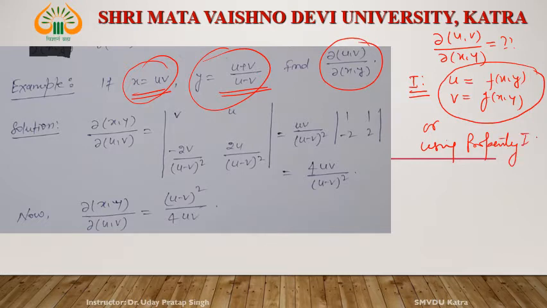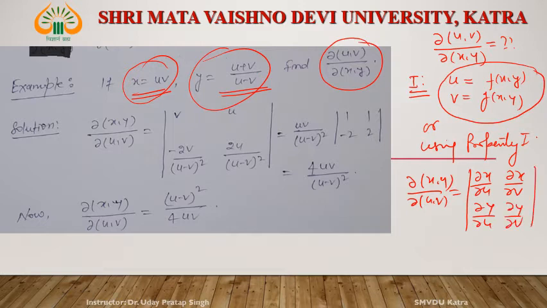Then ∂(x,y)/∂(u,v) is equal to the determinant of ∂x/∂u, ∂x/∂v, ∂y/∂u, ∂y/∂v, right?